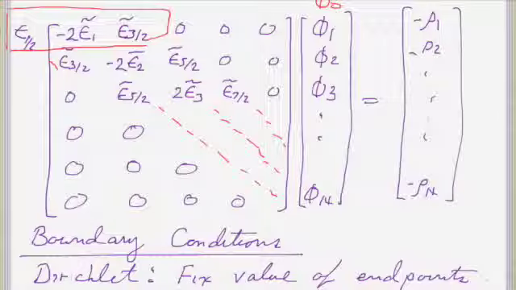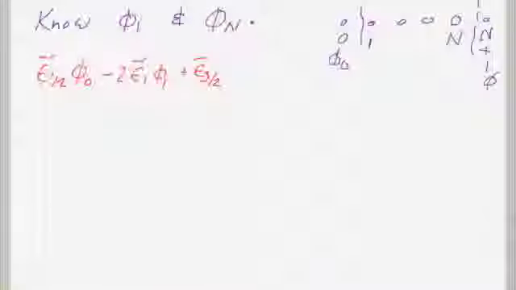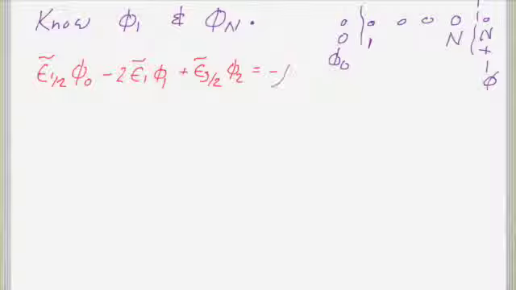So that row becomes epsilon 1/2 phi 0 minus 2 epsilon 1 phi 1 plus epsilon 3/2 phi 2 equals negative rho 1.